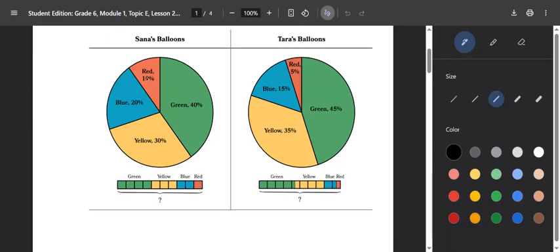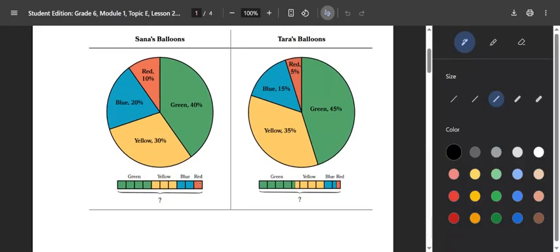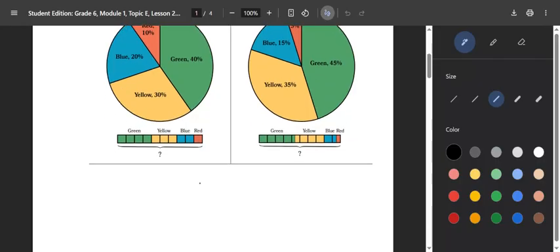And if we look at Sana, we see that she's got 10% of her balloons are red. Look at your tape diagram here. One of those units is red. So what if she only has one red balloon? Would that work? Well, let's see.